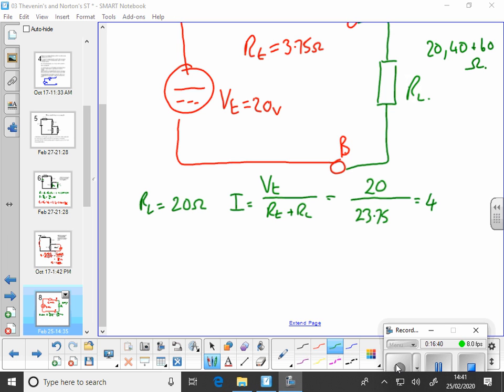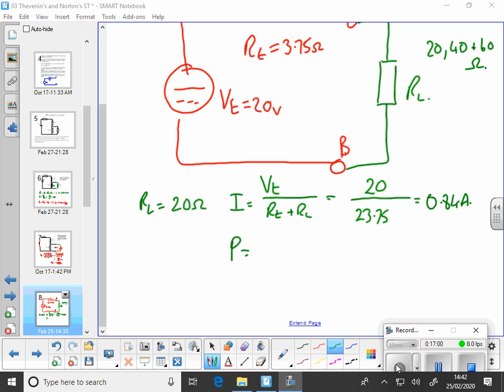I've got to say it in 43. That's less than one. Three significant figures. 0.84 amps. Yeah.